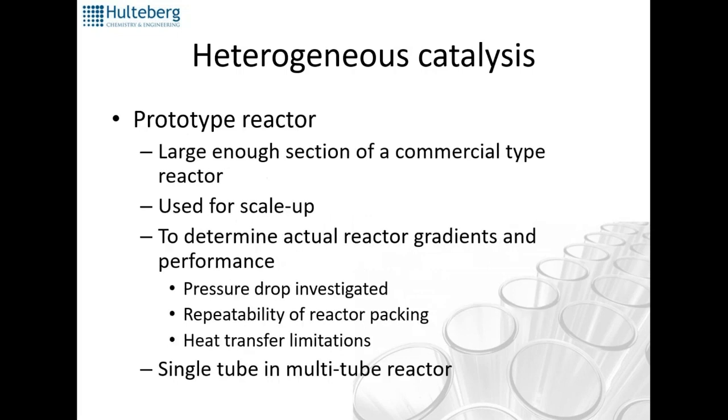And the next scale-up step would be a prototype reactor, where we have a large enough section of a commercial type reactor to be representative, and we use it to determine reactor gradients and performance like pressure drop, but also how well can we repeat the reactor packing, what are the heat transfer limitations, and a good example is a single tube in a multi-tube reactor.